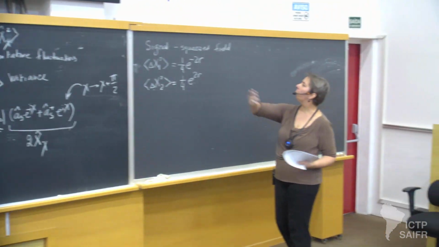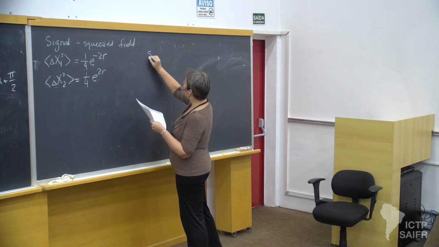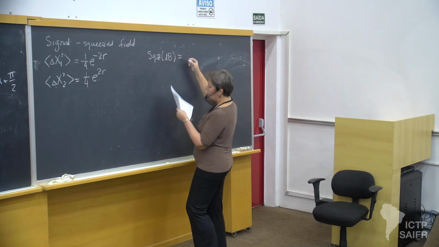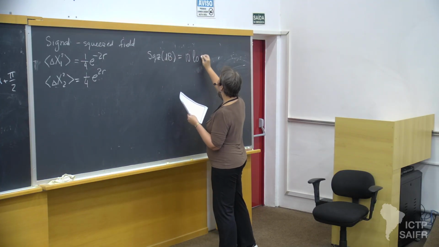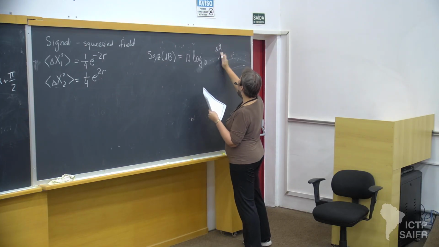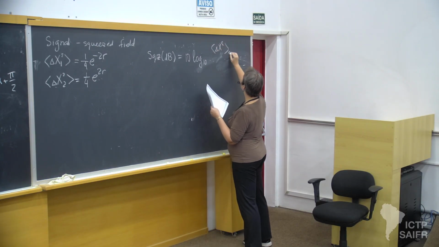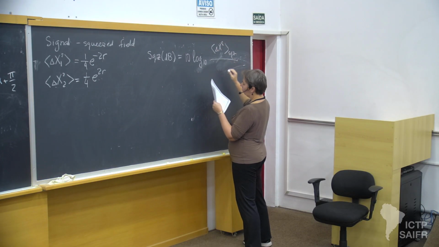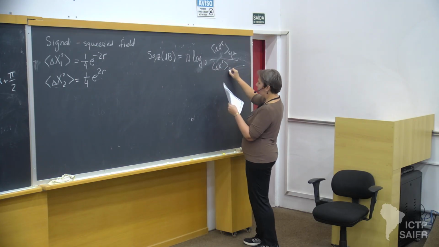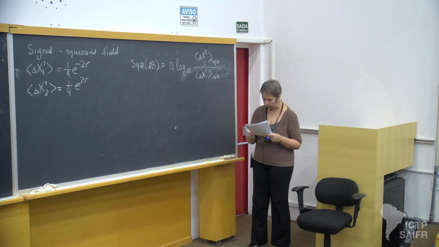So how do we go between, let's say, this and dBs? Basically, your squeezing in decibels is defined as 10 times the logarithm, base 10, of the ratio between the fluctuations of your squeezed field divided by the fluctuations in the coherent field with the same amount of average photons.